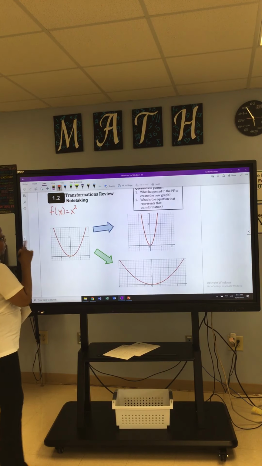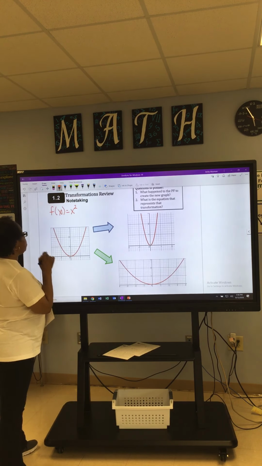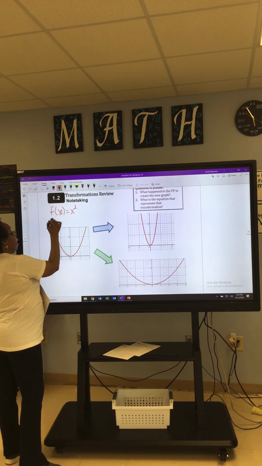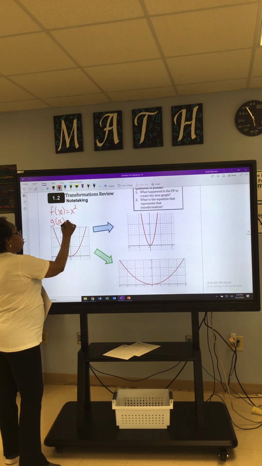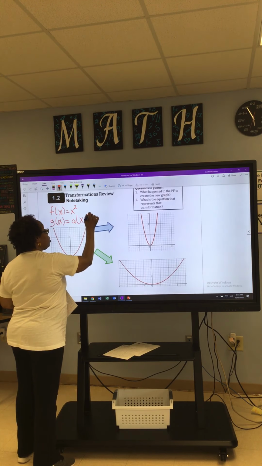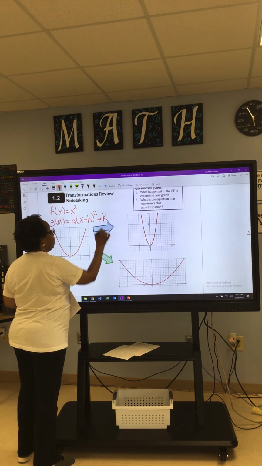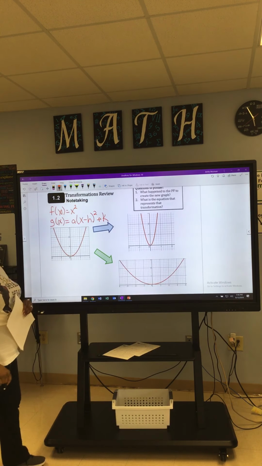Okay, so this is the form of the equation in function notation. Another way to look at it is in vertex form, and that would be g of x equals a times (x minus h) squared plus k. Now you're saying, Miss Norman, where did the h and k come from?